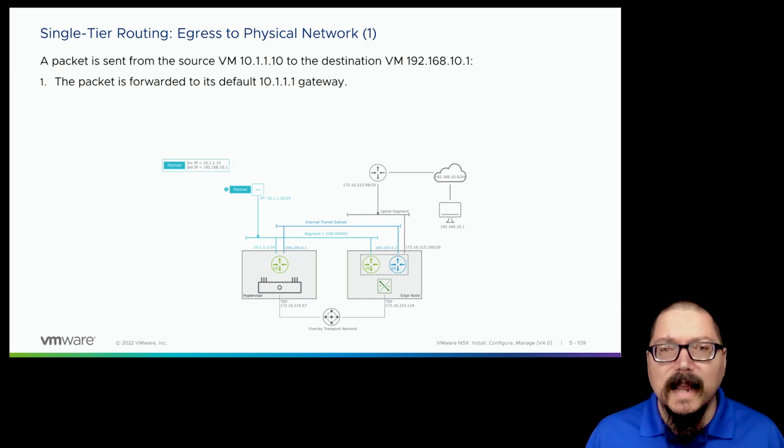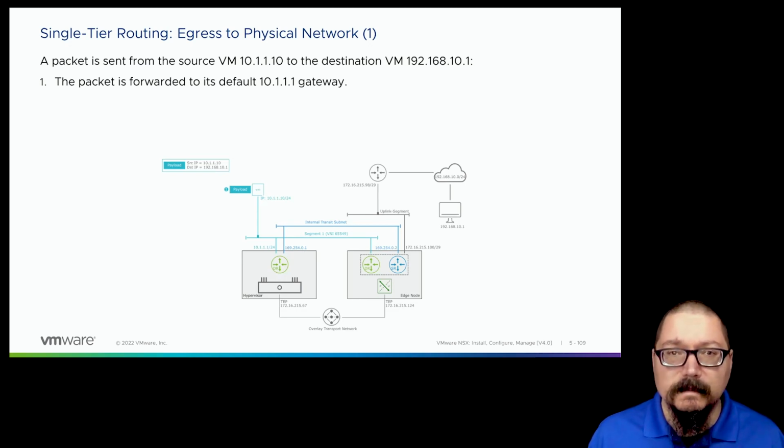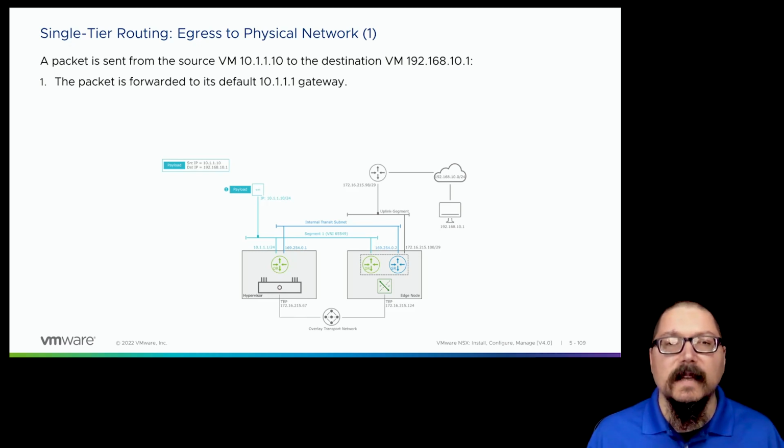And that segment is attached upstream to a tier 0 gateway. So our tier 0 gateway has a downlink directly to this overlay segment. And the uplink on the tier 0 gateway connects out to a physical router. And that physical router can get us out to our destination, which is 192.168.10.1. So we've just got that one tier of routing inside of NSX.